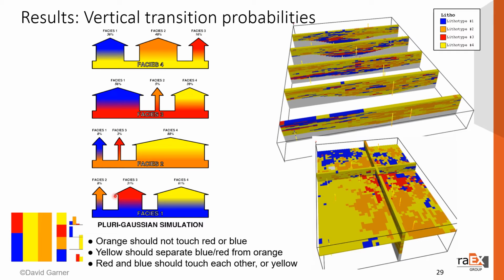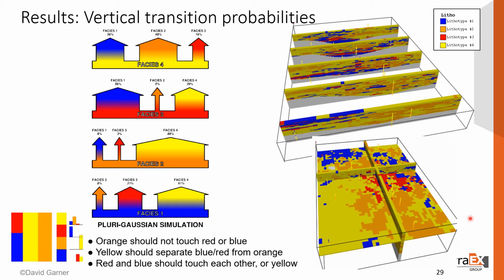And so we have here orange transitions almost exclusively into yellow, and we've removed the transitioning into the same facies just because it's so big. So this is showing that we do get some stochastic results and some transitions into the other facies, and that, you know, the proportions do vary laterally, and it's a stochastic process. So again, red transitions mostly into blue and yellow, and yellow into all 3.